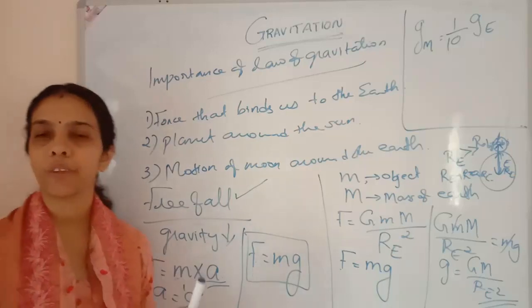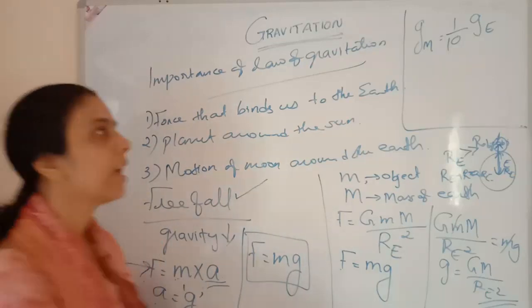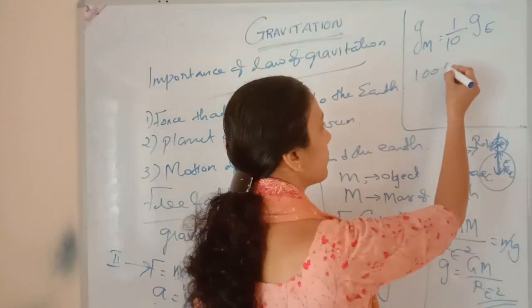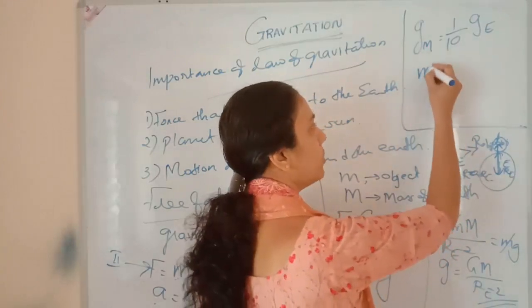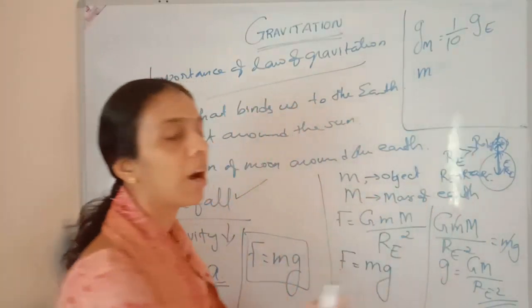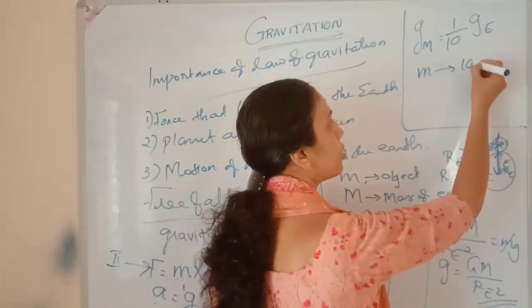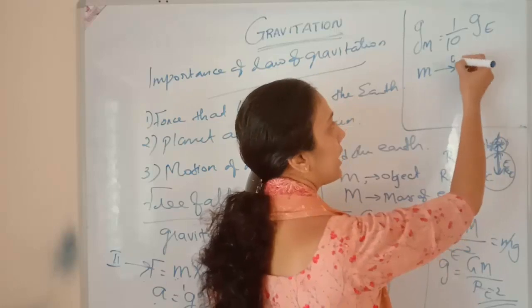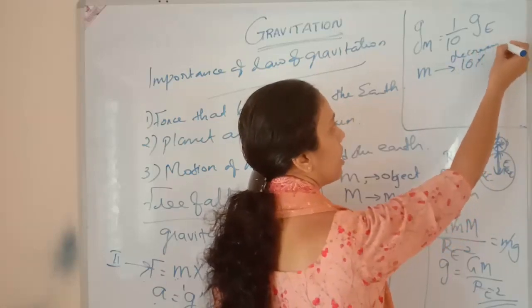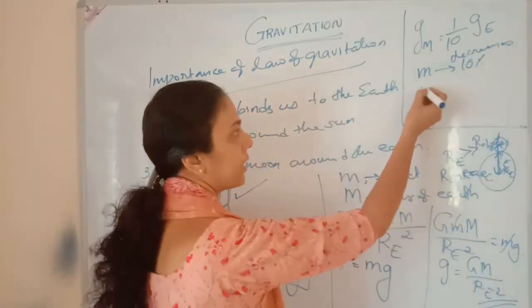His question was like this: if the mass of an object is reduced by 10%, how will it affect the gravity?